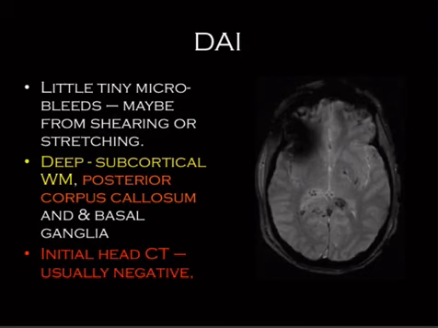Some people say it's from shearing or stretching, but that doesn't really matter, the mechanism's actually controversial. The thing to remember is that it involves the deep subcortical white matter, the posterior corpus callosum, and basal ganglia. Just by the supposed mechanism, it tends to favor the deeper structures. Another thing to know is that the head CT is often negative. It's occult on CT imaging.